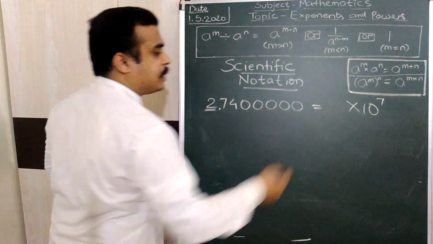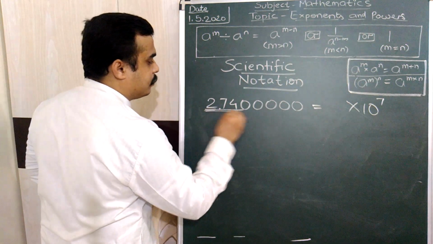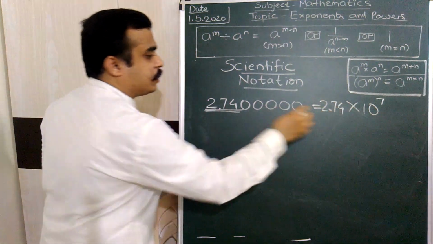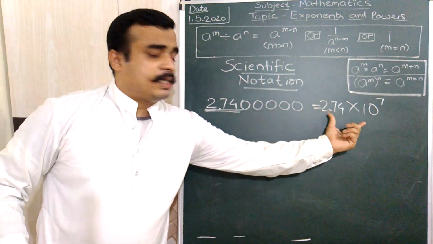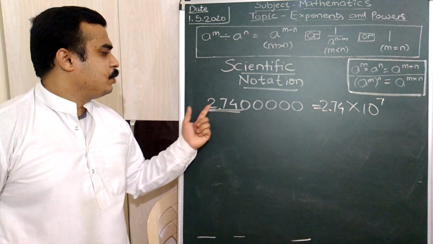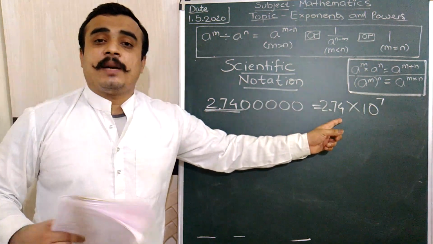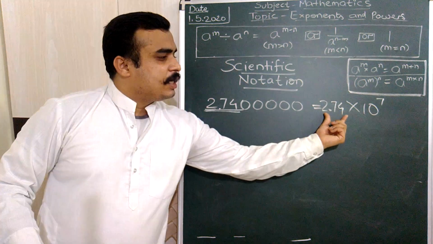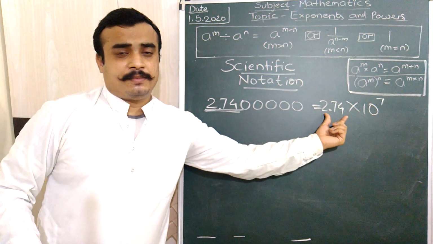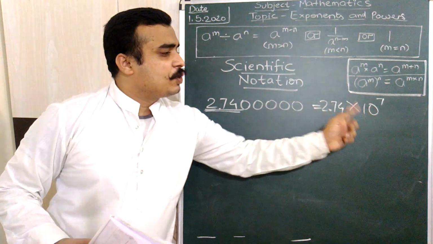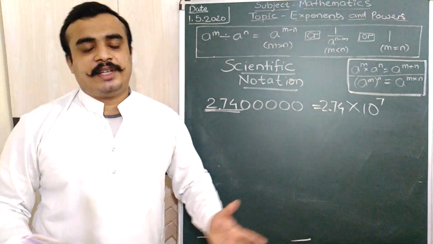So what about this first part? We have to keep just the number, that is 2.74. No need to write these zeros. And when you solve this, you will get 2740000. So here when we apply the criteria, we can see that this comes between 1 and 10, and this is expressed in terms of power of 10. So it is a proper scientific notation.